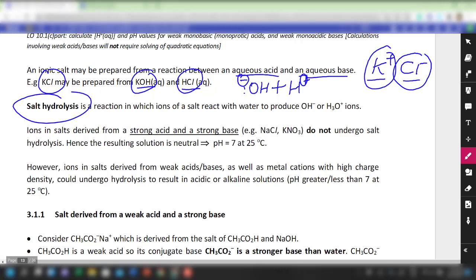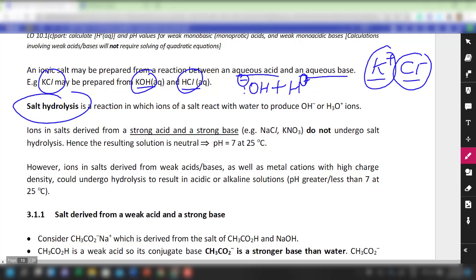Because of that, the relevant salts, either the conjugate acid or the conjugate base, are themselves weak acids or bases, so they are able to undergo a reaction with water to produce OH minus and H3O plus.